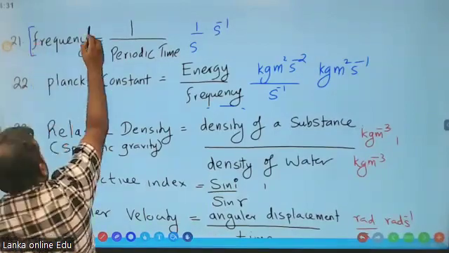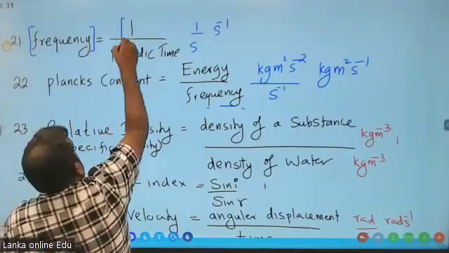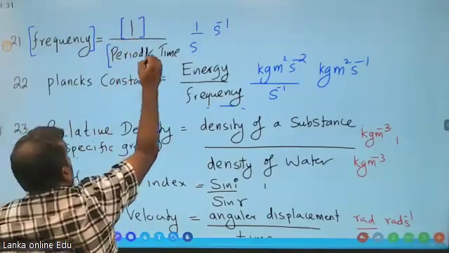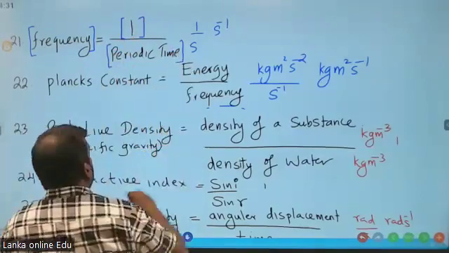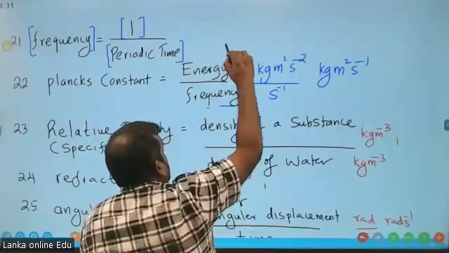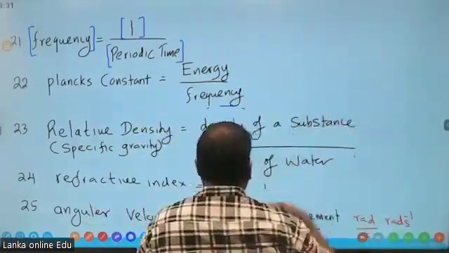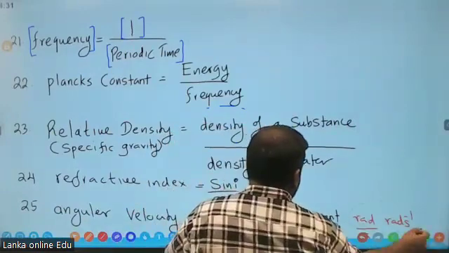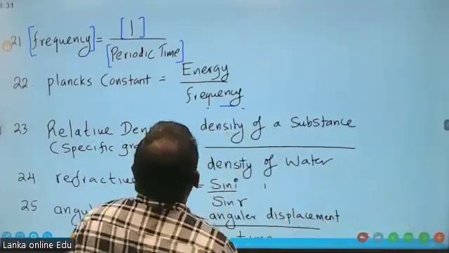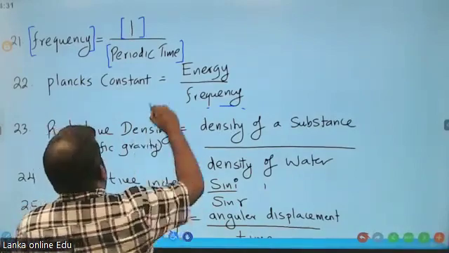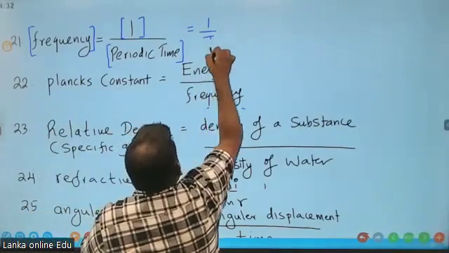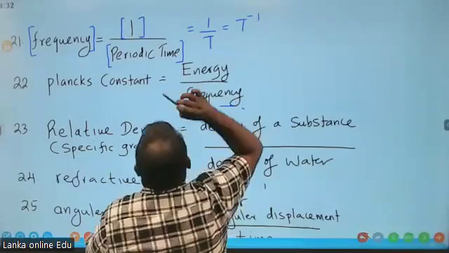Frequency is 1 divided by periodic time. We'll erase the units. 1 is a dimensionless value, time is T minus 1.